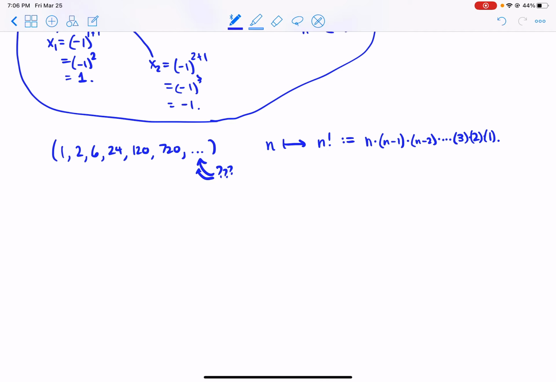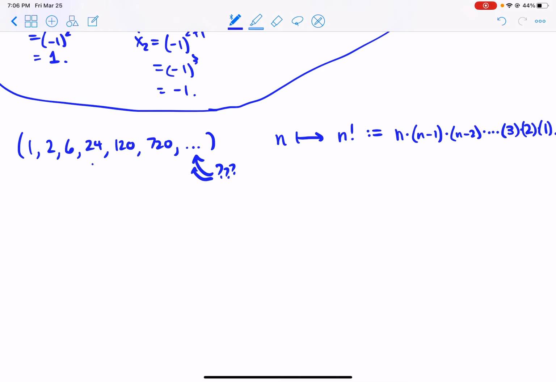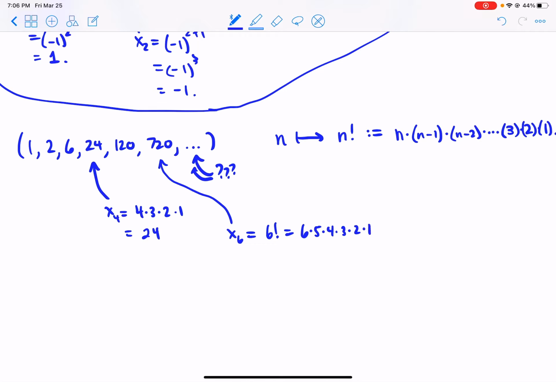So, for example, x sub 4 is 4 times 3 times 2 times 1, which is 24. Let's check. I don't even know if I got 720 right, so let's see. X sub 6 equals 6 factorial, which means 6 times 5 times 4 times 3 times 2 times 1.